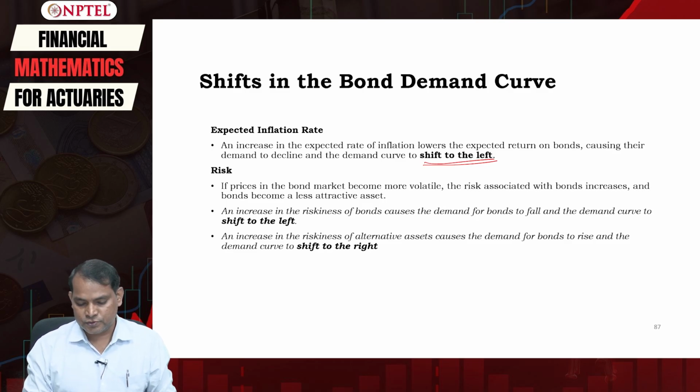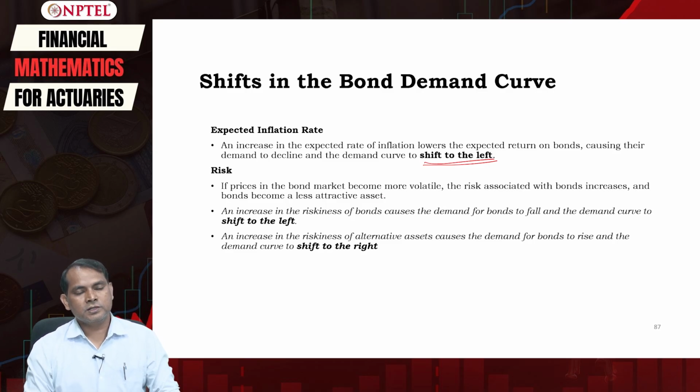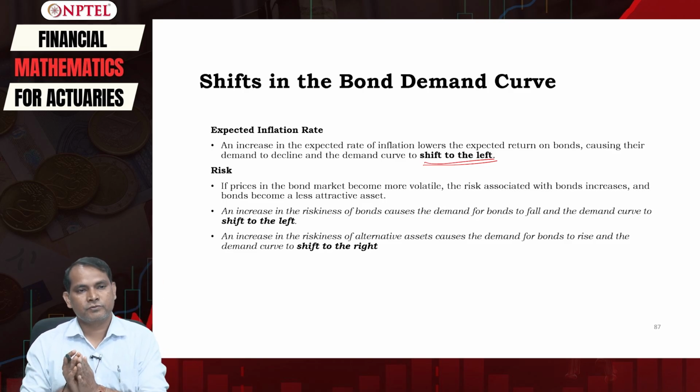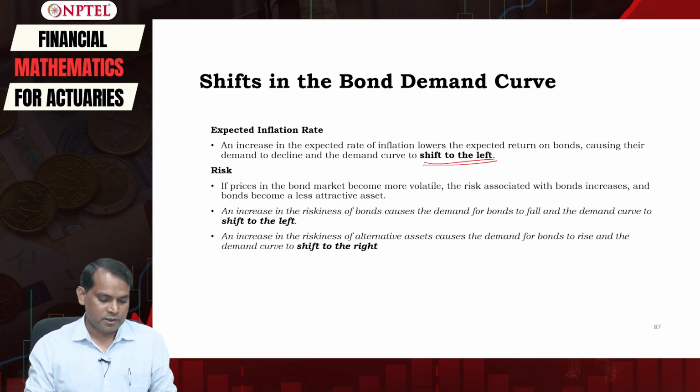In such a situation, the risk usually associated with the bond is increased, and the bond becomes a less attractive asset. Whenever the volatility of a bond is increased and you have any other asset to invest in, definitely you will like to switch your investment to that particular asset, right?